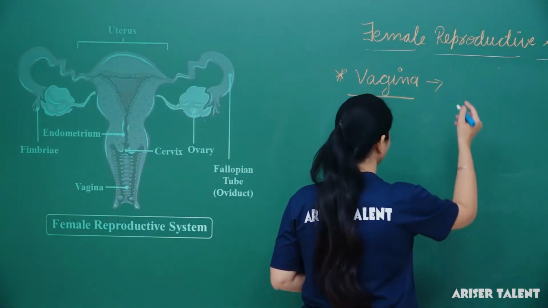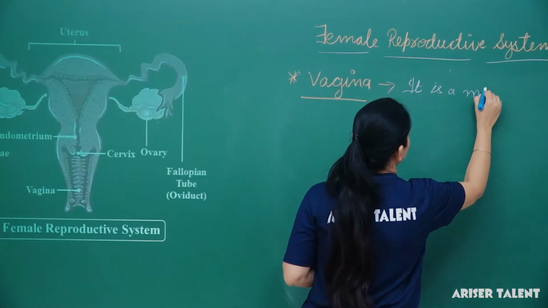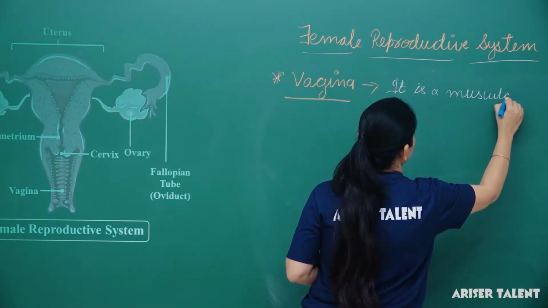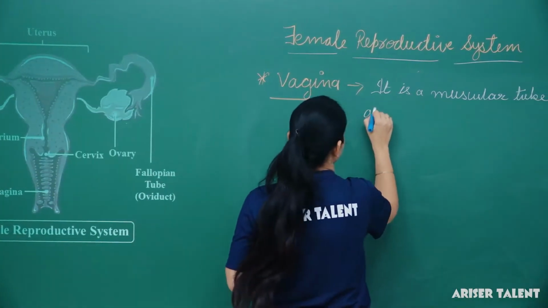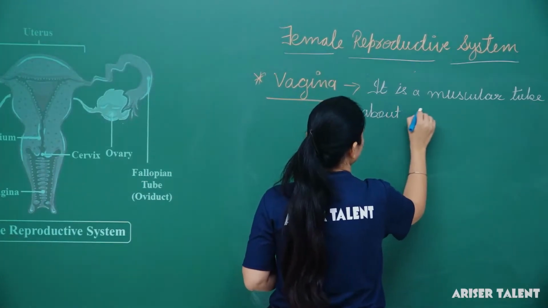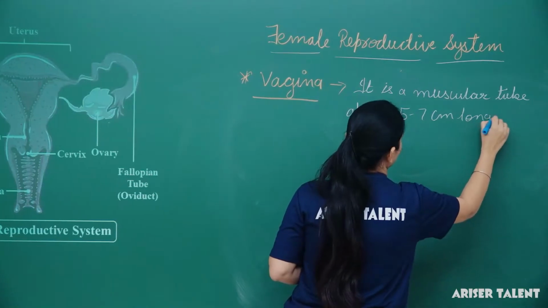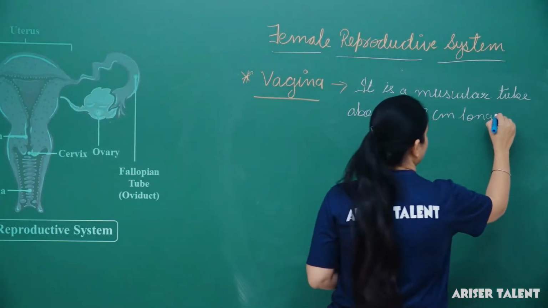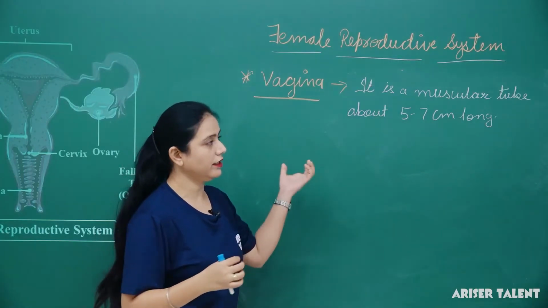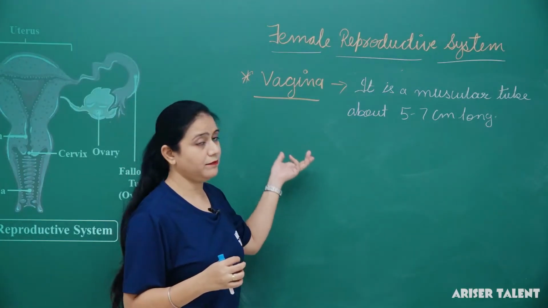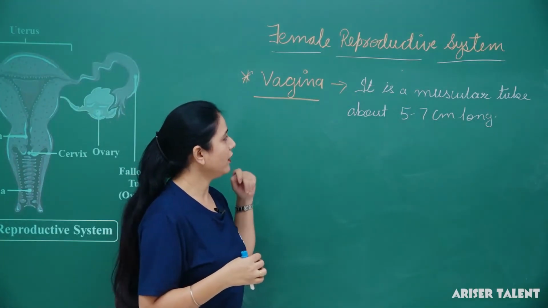It is a muscular tube about 5 to 7 centimeter long. Generally, during copulation, it allows the male penis to insert, and it helps in fertilization also.